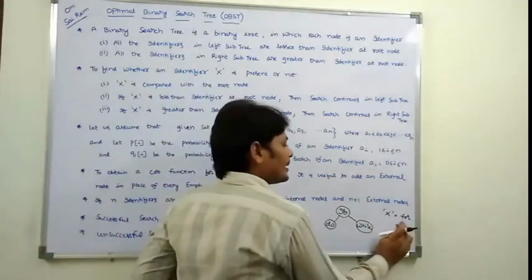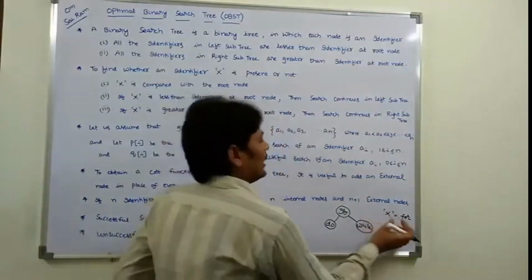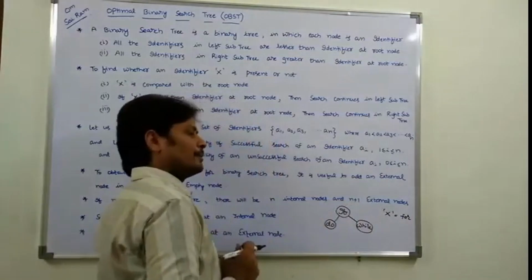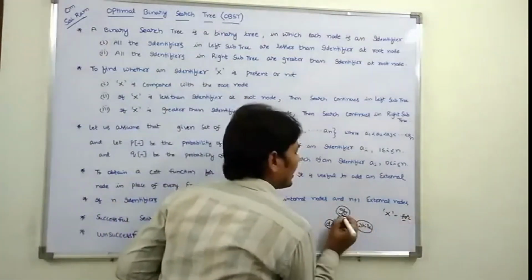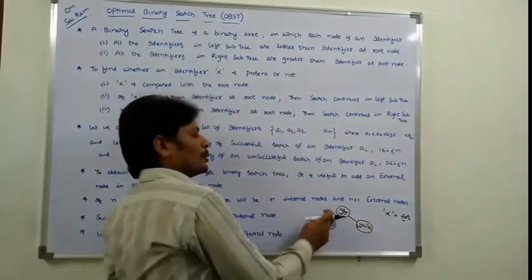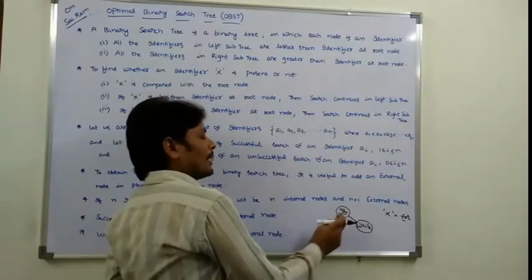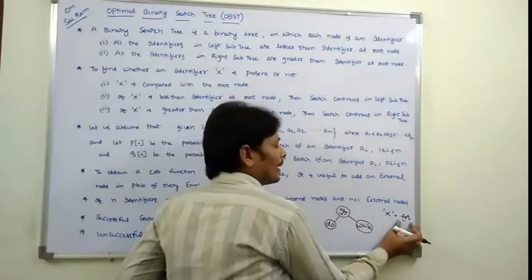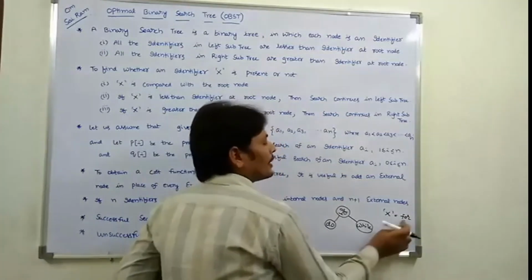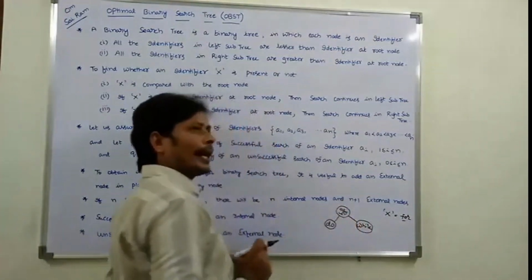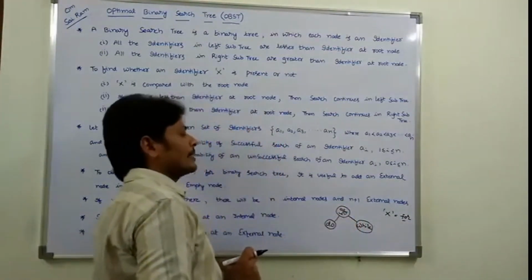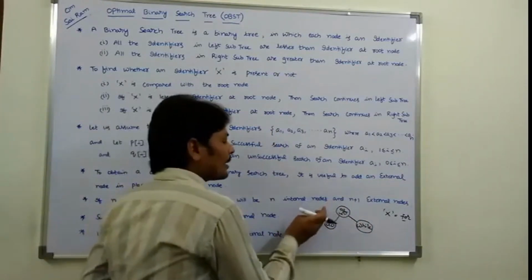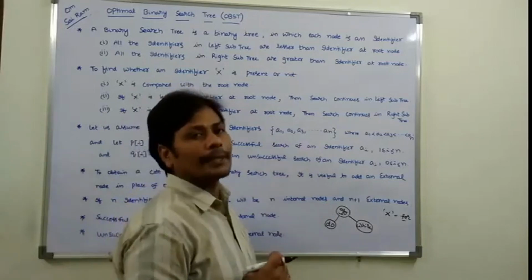The identifier for is compared with if, so the letter F and the letter I. At the root node is if, whose first letter is I. Here in the identifier for, the first letter is F. F is compared with I. F is less than I, so the search continues at the left subtree.